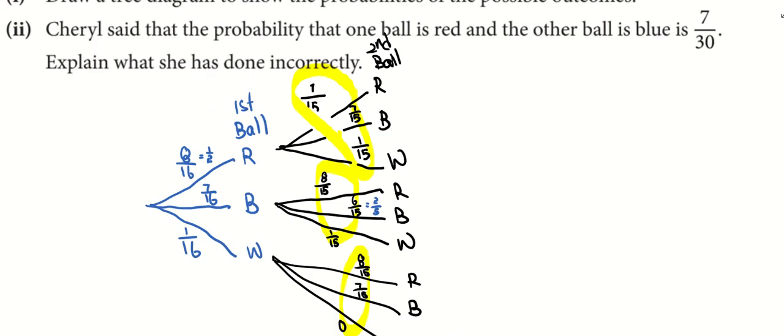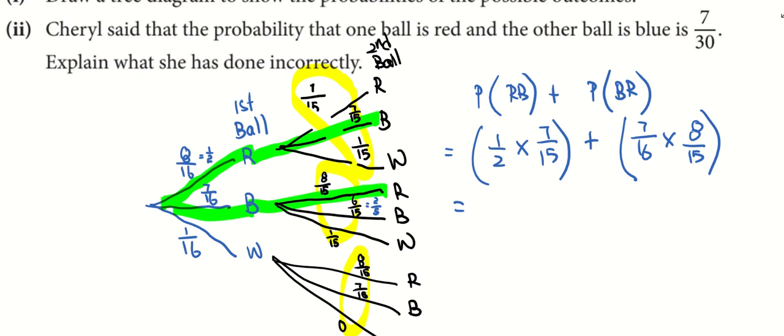Very good. You told me there are 2 possible branches. They will give me red, blue. So I have a red followed by blue, or if not, blue followed by red. Let me multiply them together and sum them respectively to see what her mistake is. Okay, if you skip the first step, it's fine. But I'm just showing you the 2 respective branches, which are highlighted in green, how it comes about. Multiply the branches.